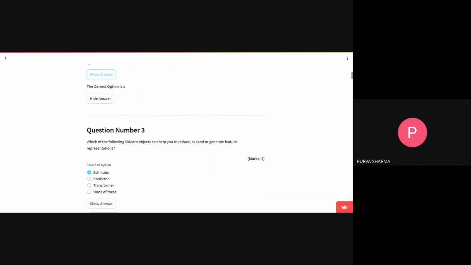All right. The next question is, which of the following scikit-learn objects can help you reduce, expand, or generate feature representations? Okay. That is the estimator. Transformer.